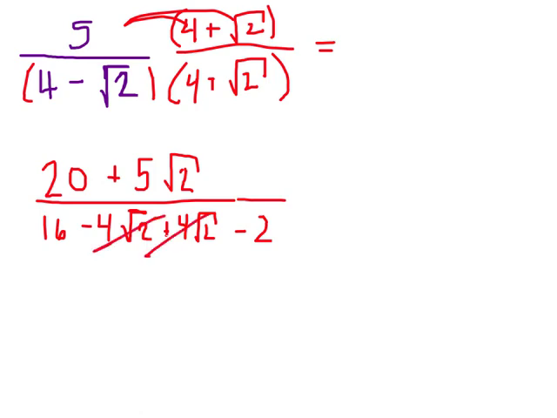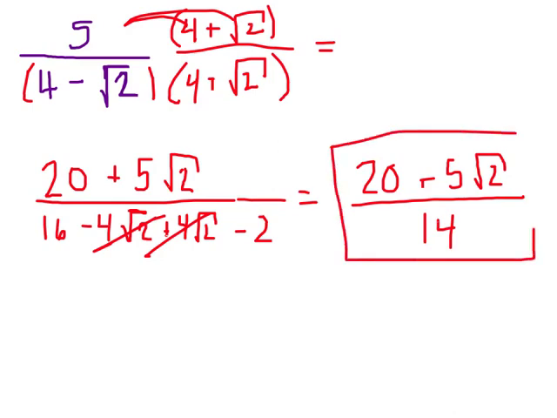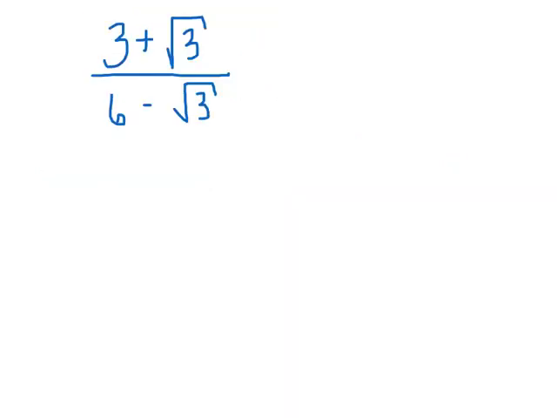And those cancel, and we end up with 20 plus 5 square root of 2 over 16 minus 2, which is 14. 14 does go into 20, but it does not go into 5. So you can either break those up into 2 terms or just leave it as is, which is what I'm going to do. Alright, let's see one more of those.